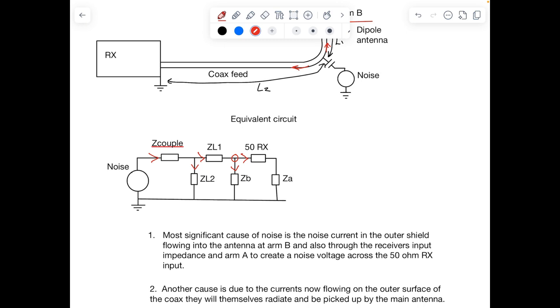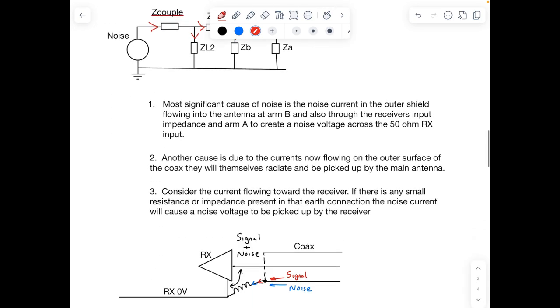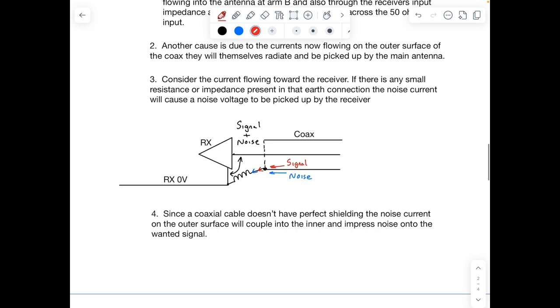So it would seem a good idea here to have, rather than a choke, a zero ohm short circuit down to ground. And I believe that's true as long as you don't suffer from this problem here where you have some form of inductance or resistance or some poor grounding system at the input to your receiver. I think with today's modern receivers, I would imagine this is a thing of the past.